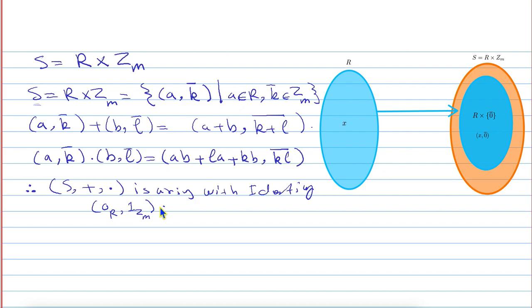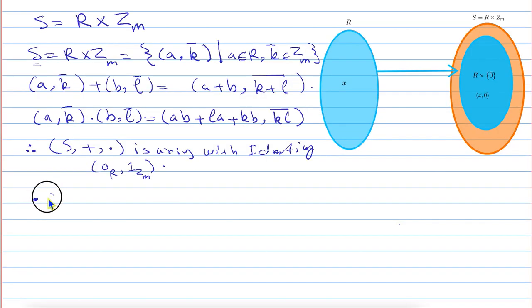Now let's check the characteristic. We have the characteristic of R, we assumed it to be equal M, and I do not need M to be greater than 0. It can even be 0, okay? Now in the ring Z modulo M, it is always true that the characteristic of Z sub M is also M. This is by the very definition of this ring. Now, what is the characteristic of S?